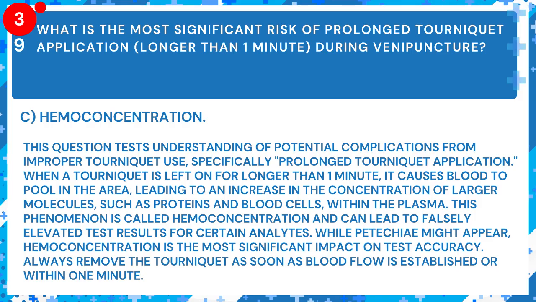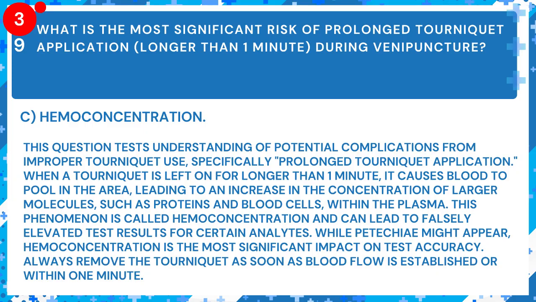Answer: C. Hemoconcentration. Explanation: this question tests understanding of potential complications from improper tourniquet use, specifically prolonged tourniquet application. When a tourniquet is left on for longer than 1 minute, it causes blood to pool in the area, leading to an increase in the concentration of larger molecules, such as proteins and blood cells, within the plasma.